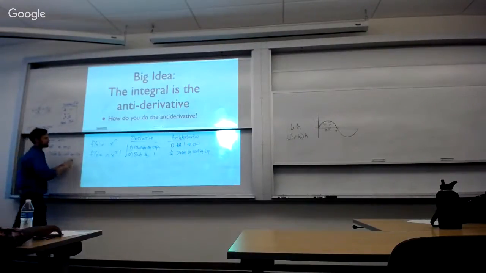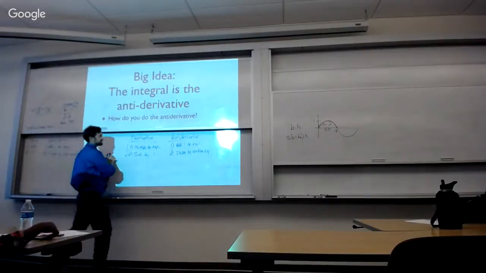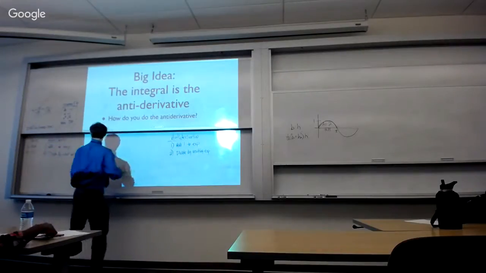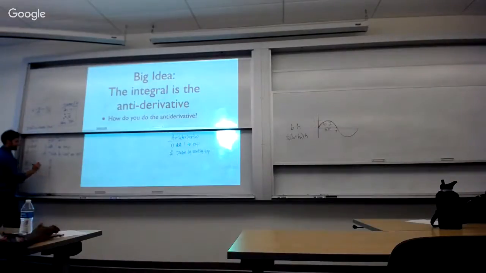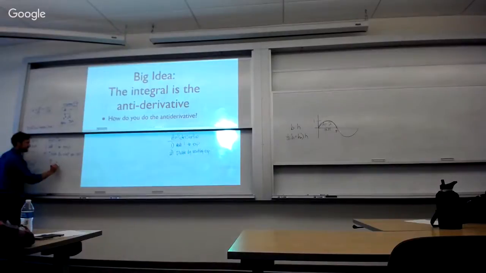You can feel free to say it any way you like. But that's the antiderivative. So let's try it once. Over here, this is f of x equals x to the n. So the derivative would be n x to the n minus 1. Now watch what we're doing here. If I wanted to do the antiderivative, the integral means antiderivative, of x to the n, the answer would be, what do we do?